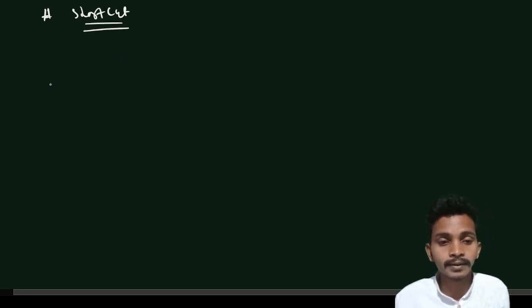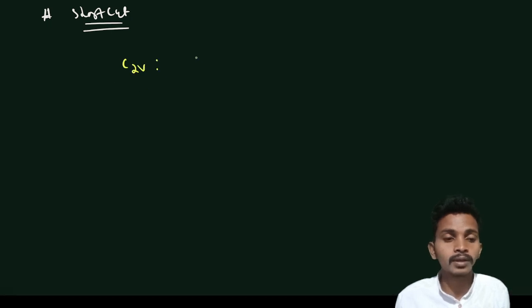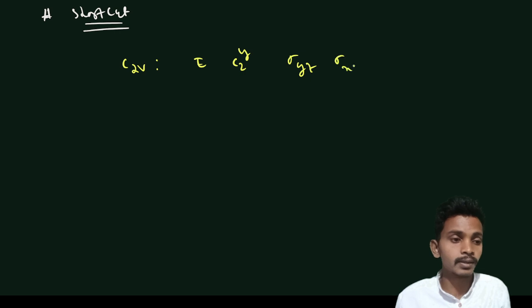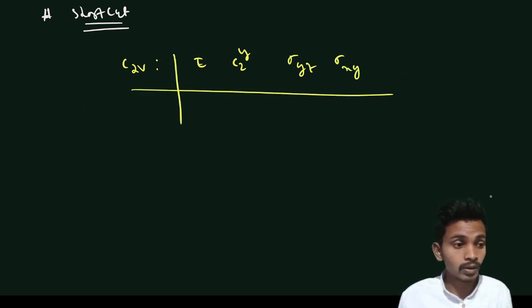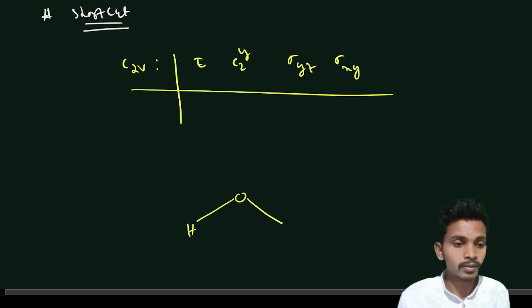Let's say C2v, that is E, C2Y, sigma YZ and sigma XY. What we will do? We will draw the structure of the water molecule.